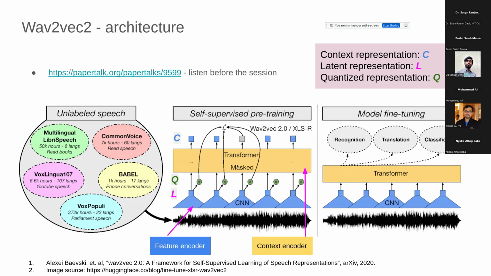For this part, it is a masked part, so that means we are not showing this to the model; we are asking the model to learn this from the data. So they will get this part, and then they will try to get this from this quantization layer.